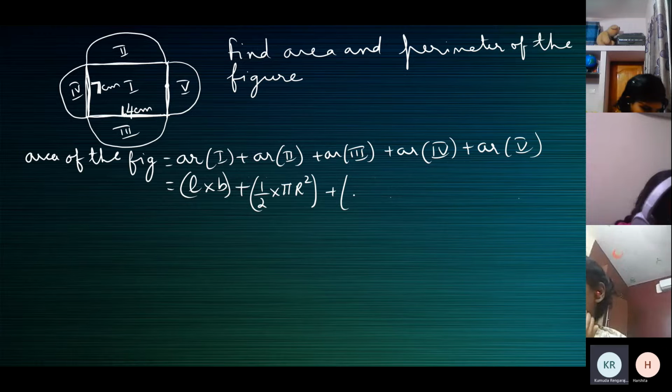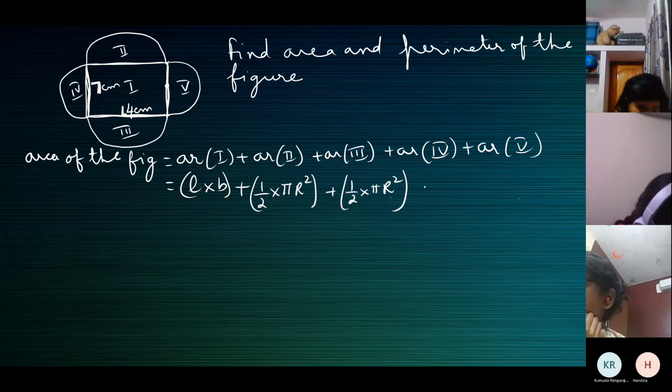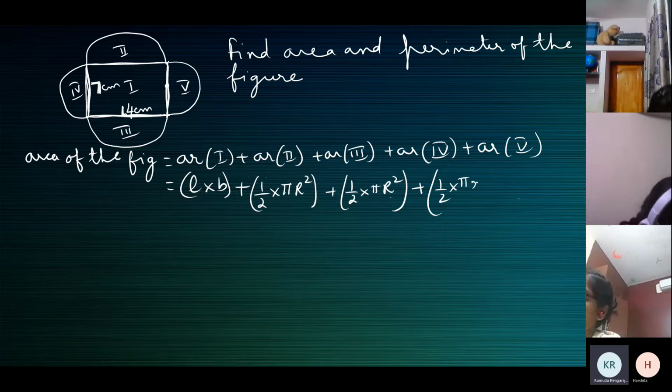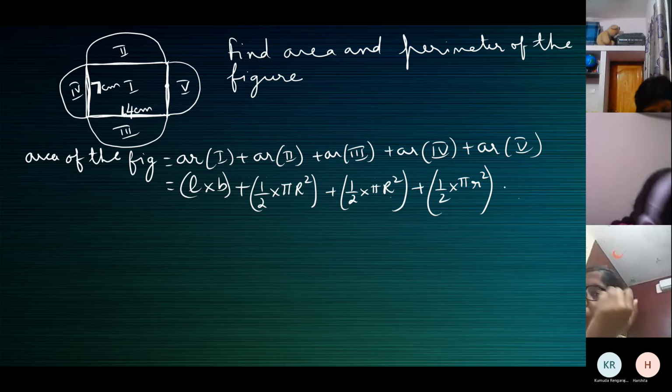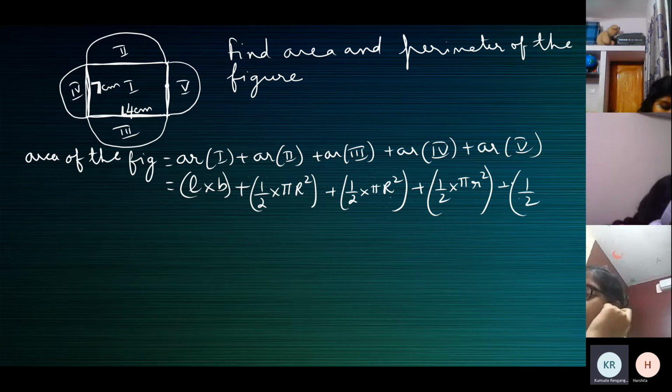For the next one, 3, also half pi r square. 4, again a semicircle, so half pi r square. I'll use a small r here because the radius is different. 5 is also half pi r square with small r.